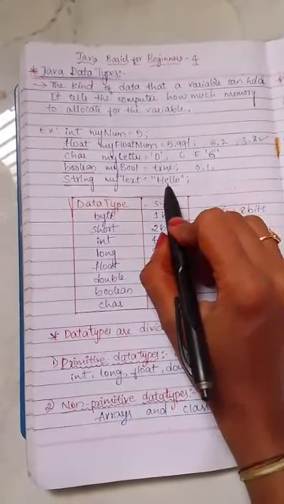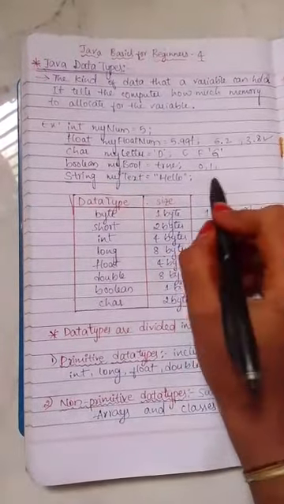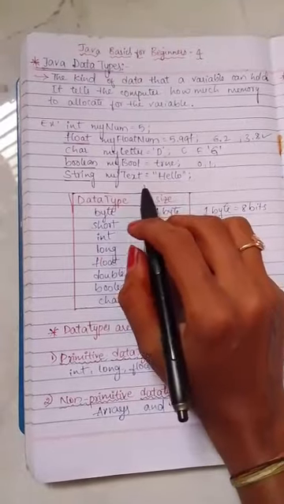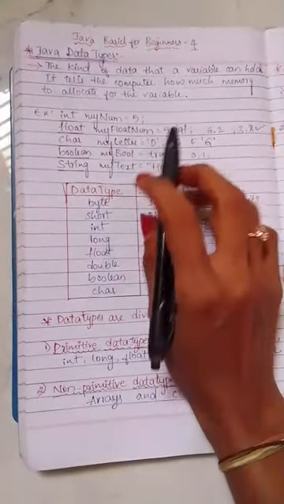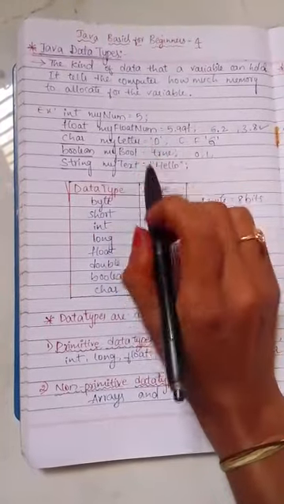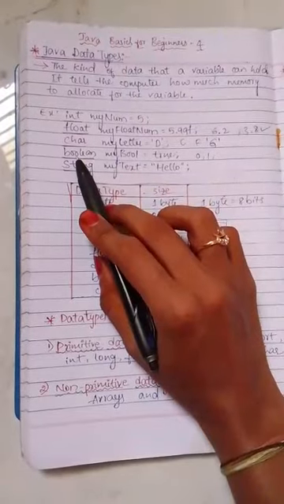And hello, any names, places, cities, for everything we use string, because that is a word, that is a text. Got it? Got these data types? Which kind of data can be stored in which data type?